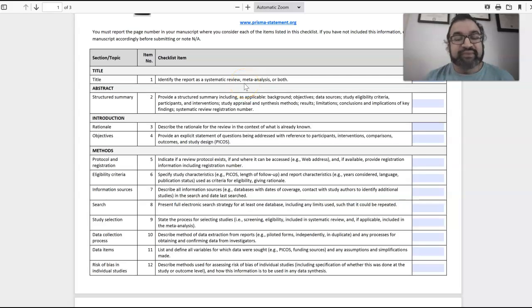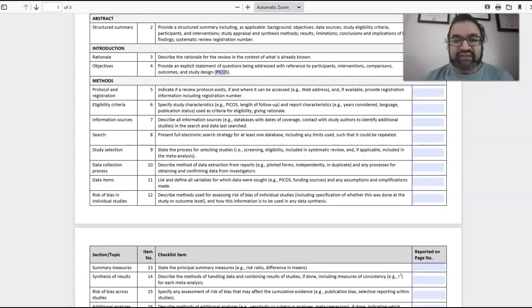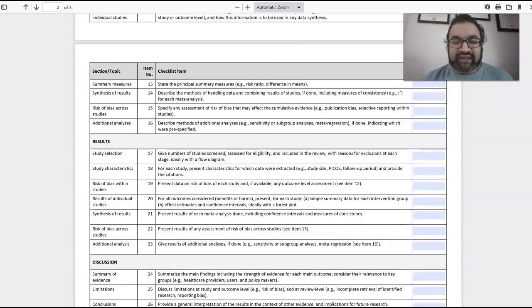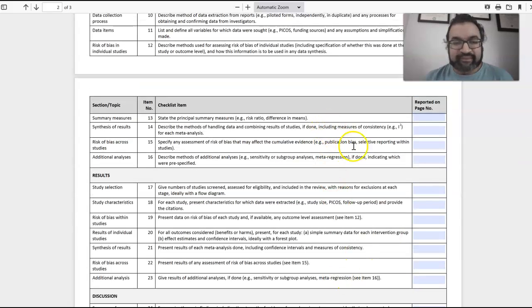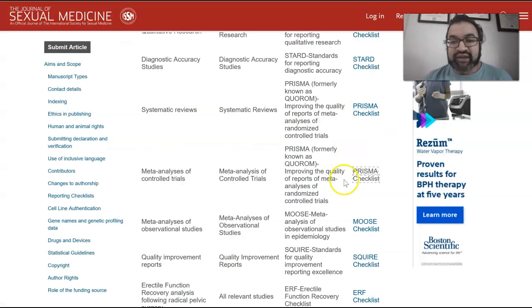But some people will conduct a systematic review and a meta-analysis. So take a look at this. PICO is another sort of acronym that is important to be familiar with, and then also just how this is organized. So this is one that I would spend a little bit more time on.